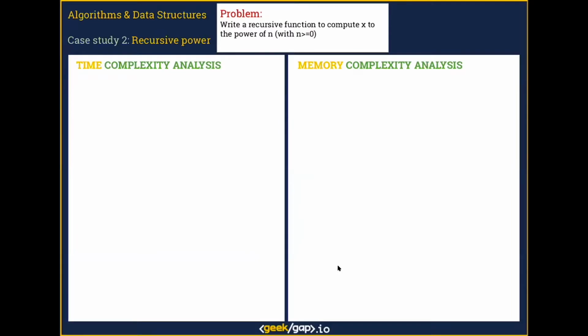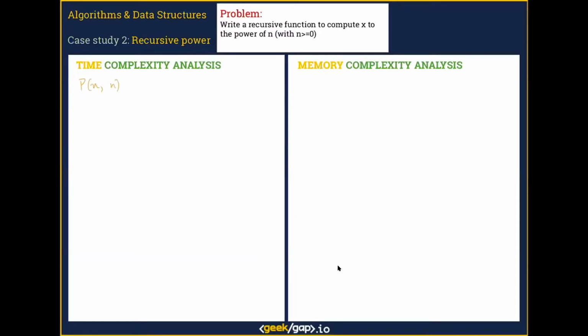And it's going to be pretty much the same. So I'm going to go quicker on this one. And if you have questions, just ask. So we are asked to do power. I'm going to call this power of x, n. Let's do that cleanly. Okay, power of x, n.